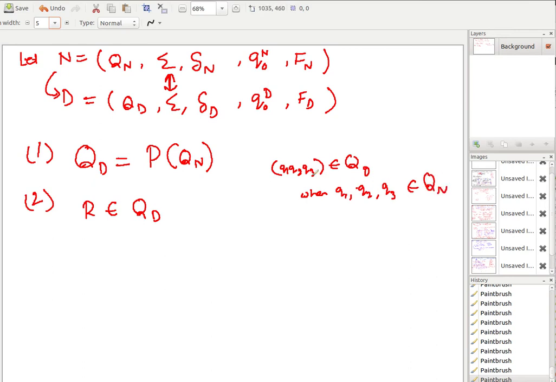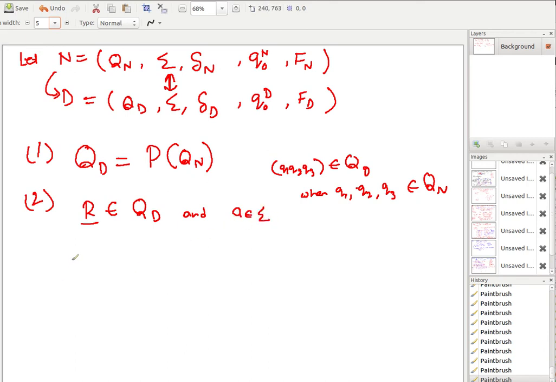So they combine together to form a state here. That is what represents multiple states in a single one. So R is, let's say, a subset of QD, and let's take that A is some input symbol.